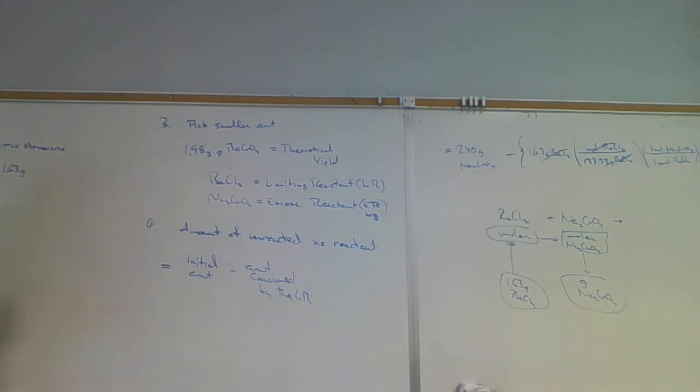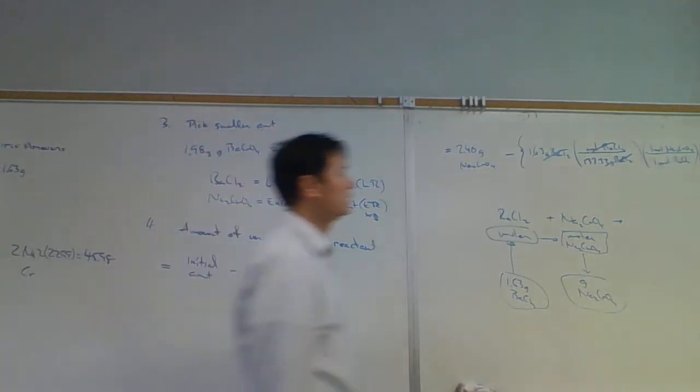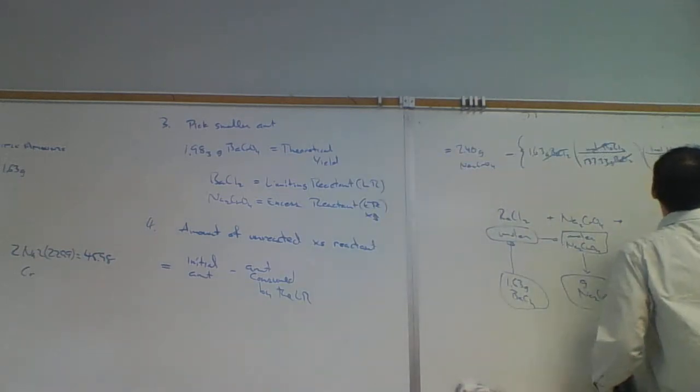Sodium chromate is 2 sodiums at 22.99 each, that's 45.98. Adding the chromate gives 161.98 grams per mole of sodium chromate.